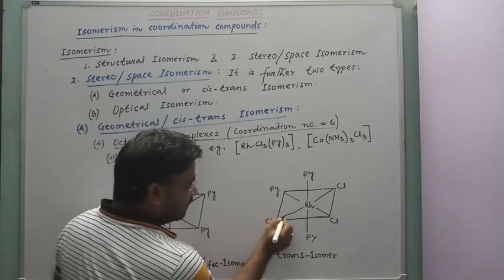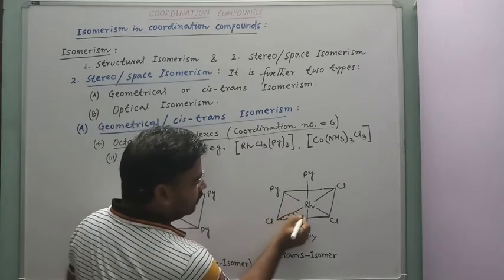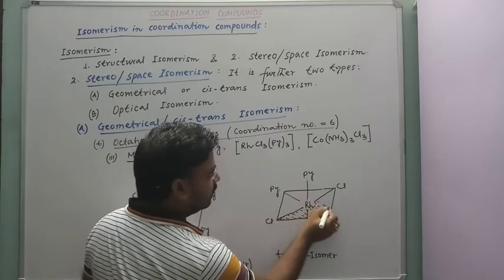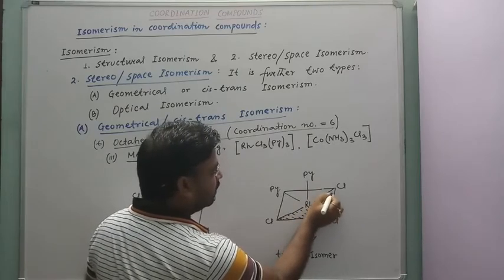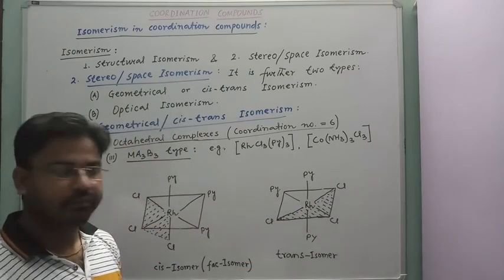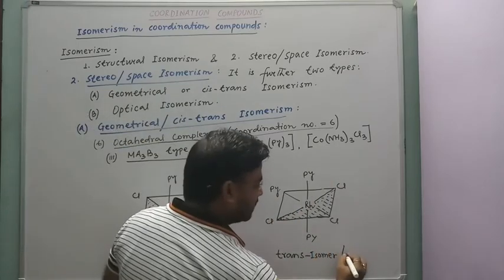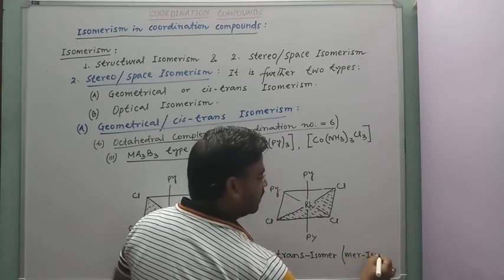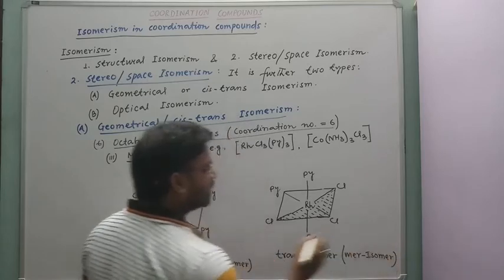Here this plane, chlorine, chlorine, chlorine, this plane is the meridional plane. That's why this type of isomer is also called mer isomer.